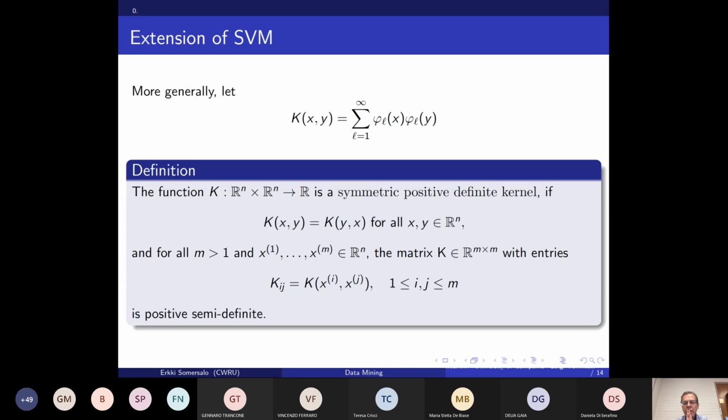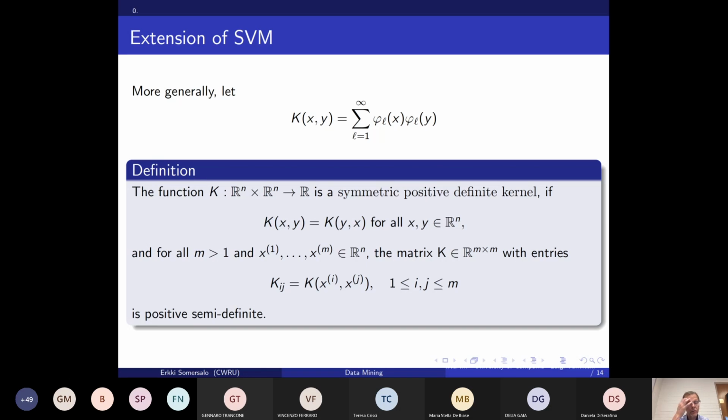Now the other thing is that we say that the kernel function is positive definite if the matrix that we form by evaluating the kernel function in some points in Rn is positive semi-definite. This is a little bit confusing because, coming from linear algebra, you would say, okay, if the matrix is positive semi-definite, let's call the kernel function positive semi-definite.